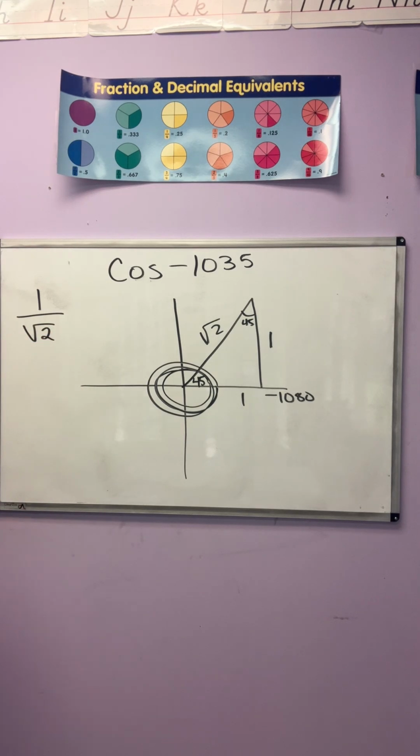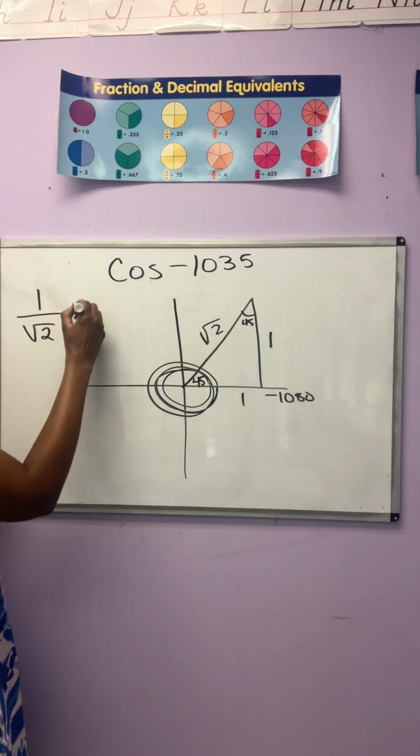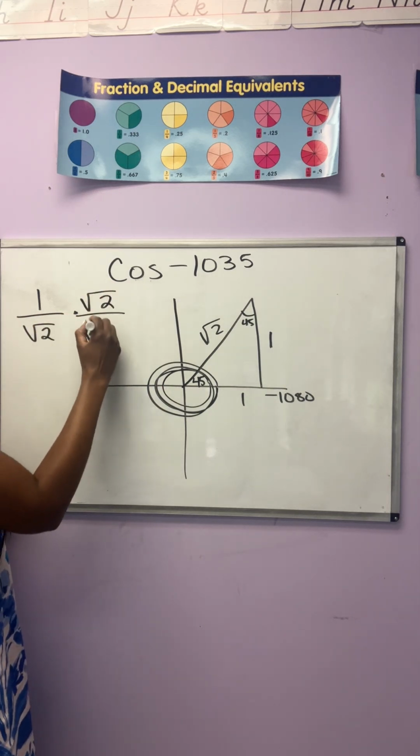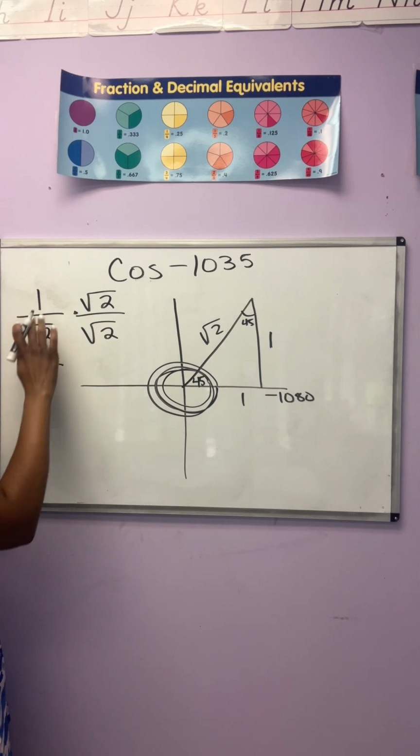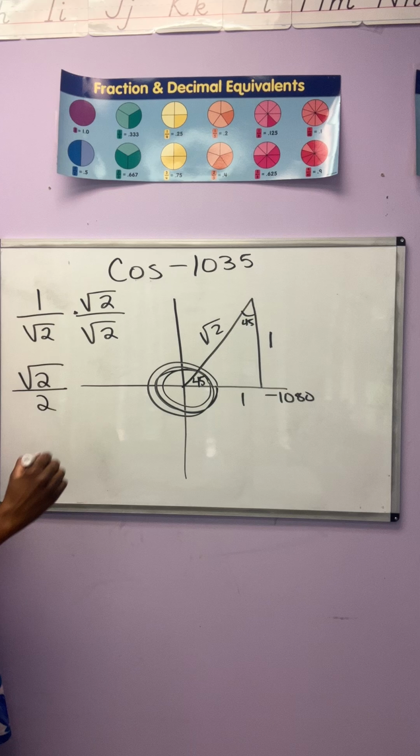We cannot have radicals in our denominator, so we're going to rationalize that. Square root of 2 over square root of 2, and that gives us square root of 2 over 2. So the cosine of -1035 is square root of 2 over 2.